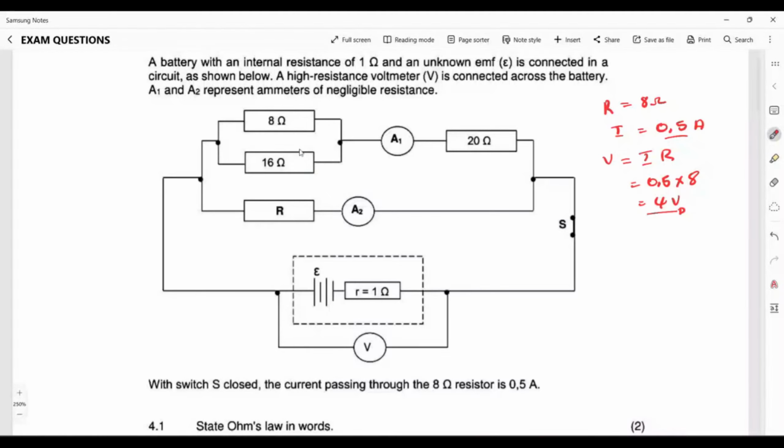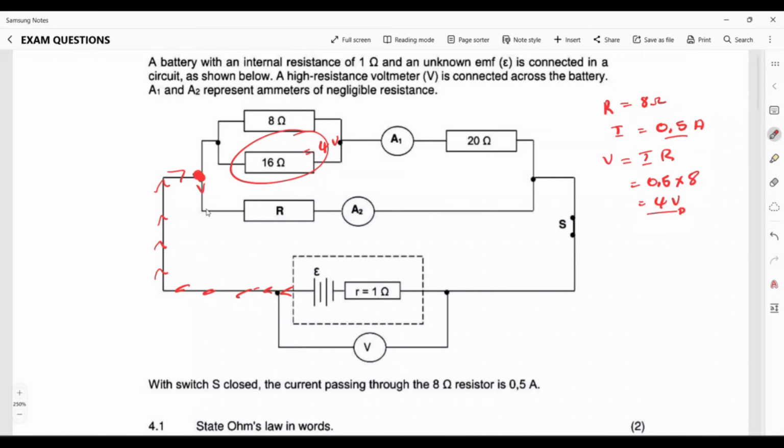And it means that my voltage over here is also going to be 4 volts, because in a parallel circuit the voltage is the same. So now I can find the current passing through this branch, because what actually happens is there's a current that moves out of my battery and arrives at this branch.